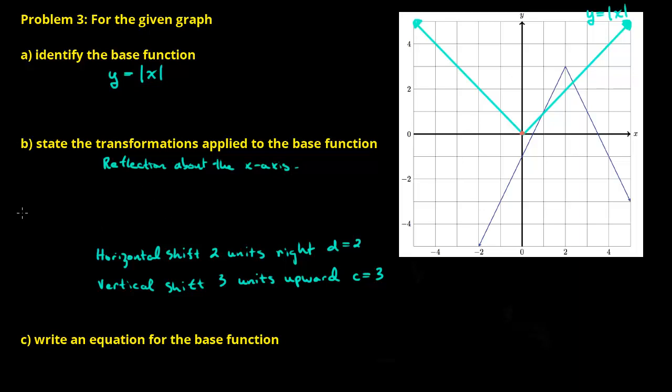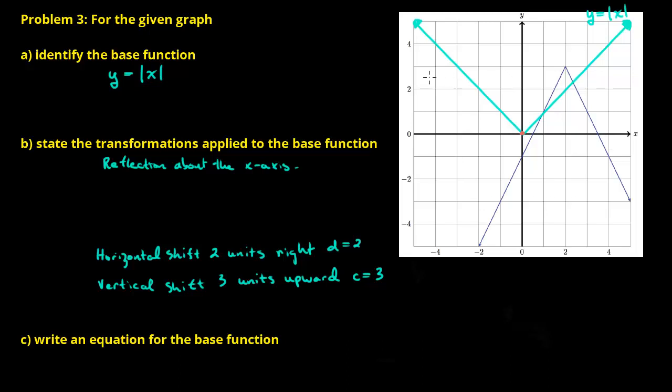And now we need to figure out if there have been any stretches or compressions. So let's look at the regular step pattern, or the regular slope, of this graph. Normally I go over 1, up 1, over 1, up 1, over 1, up 1. And after I've reflected this, I'm going over 1, down 2, over 1, down 2.